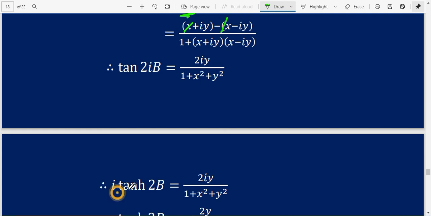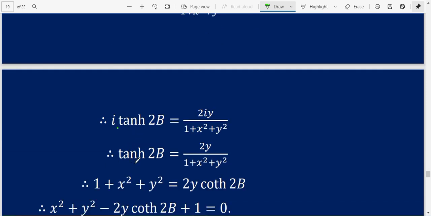So i into tan 2ib is equal to i into tanh 2b, which is equal to 2 iota y upon 1 plus x square plus y square.